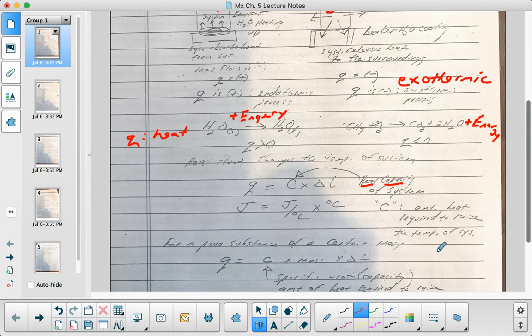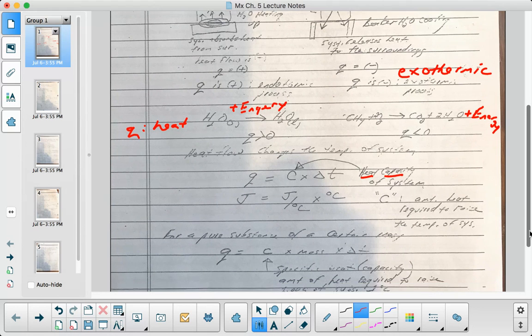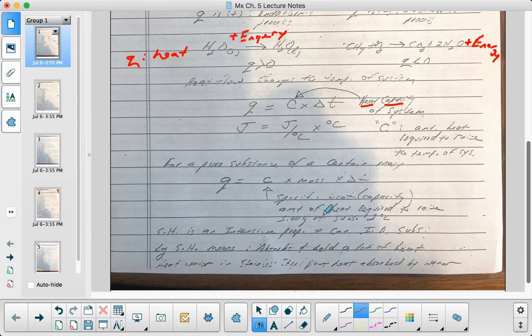Now, for a pure substance, we're going to look at this equation a little bit differently. We're going to look at it as Q is equal to little c, which is called the specific heat.